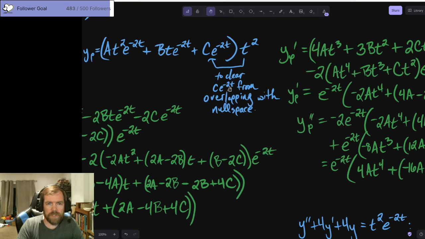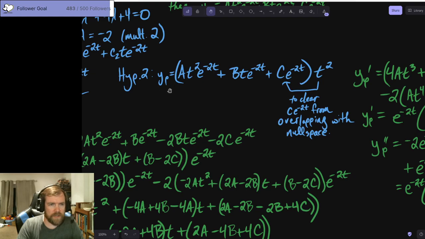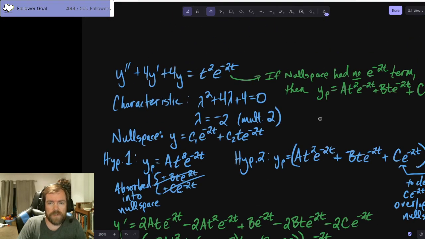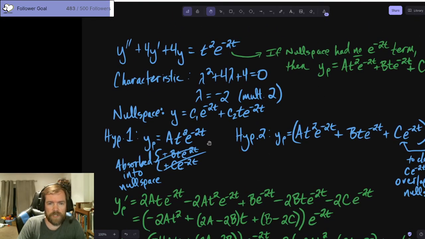So we had originally started with the assumption that y sub p is going to be a times t squared e to the negative 2t plus bt e to the negative 2t plus c e to the negative 2t. And then we said that all of this stuff needs to be accelerated out so that we don't have any terms that are part of the homogeneous solution, the null space solution, which is going to be c1 e to the negative 2t plus c2 t e to the negative 2t.